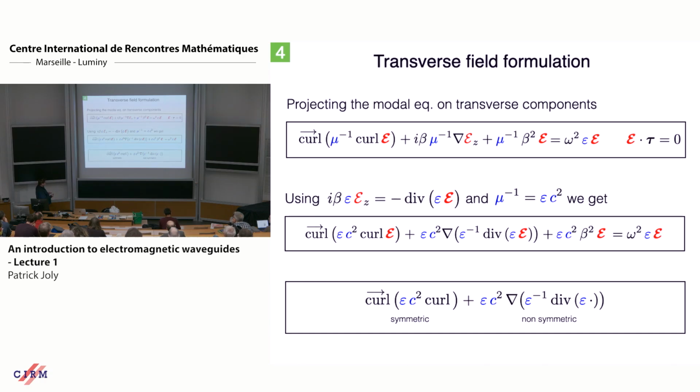You see, the first one is symmetric, but this one is not because of the function c square. However, if c square is constant, for instance if it is 1, then you recover symmetry on both those operators.